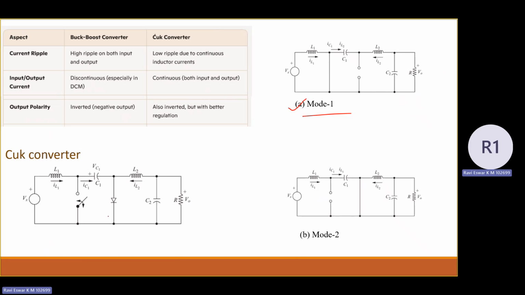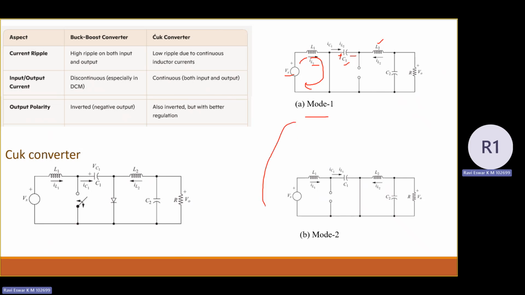Okay. So let us see the mode 1 case, what is going to happen in mode 1. As I said, when the switch is closed, the inductor enters into charging state. You can see the inductor L1 is charging with the help of supply voltage Vs. So you can apply KVL here. Similarly, let us take inductor L2. Assume that the capacitor C1 has certain charge, because this mode is going to happen continuously.